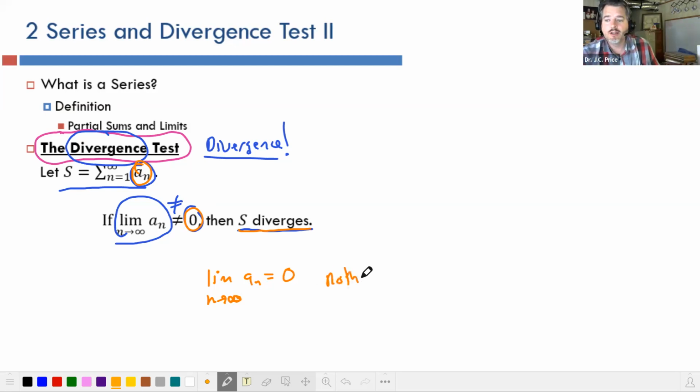Nothing. Nothing, people. We can conclude nothing. So really important that we point that out. If the terms of your series go to 0, we just don't know anything about the sum. It could converge, it could diverge. But we do know if they're not equal to 0 as you go to infinity, then we can say it diverges.